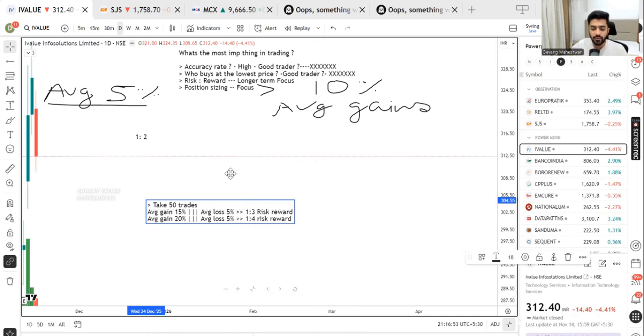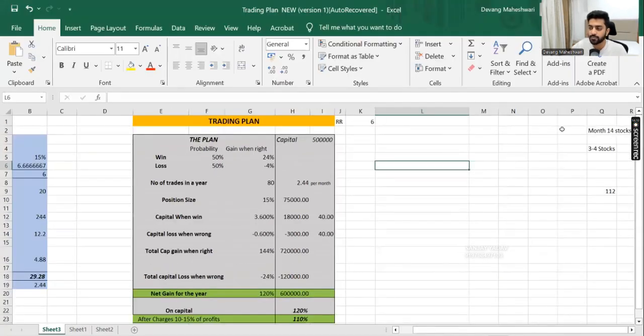Now let's understand how this will impact your overall P&L. So this is like a very basic trading plan sheet. Let's put different figures in here and see how it moves.